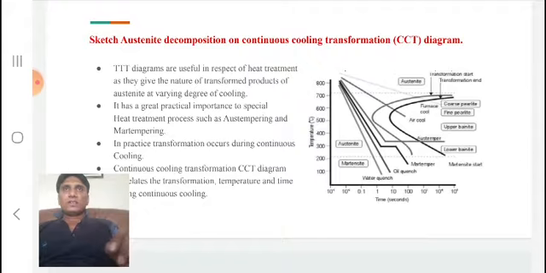So in that we only transformed austenite at constant temperature. Time temperature transformation is also called the isothermal transformation process.